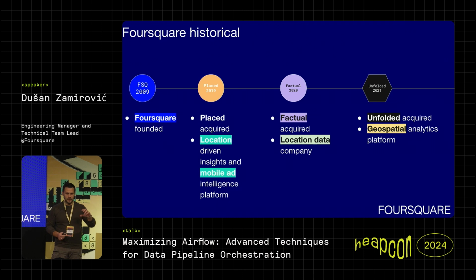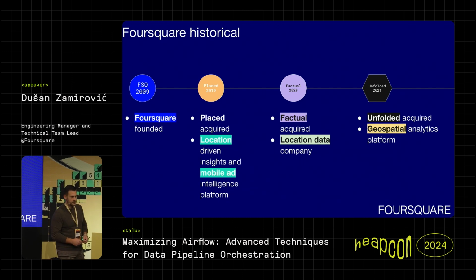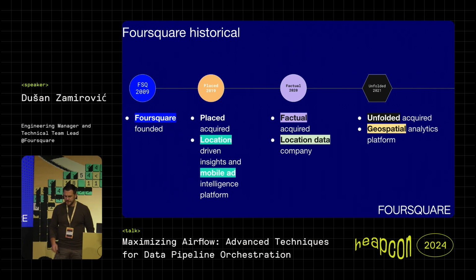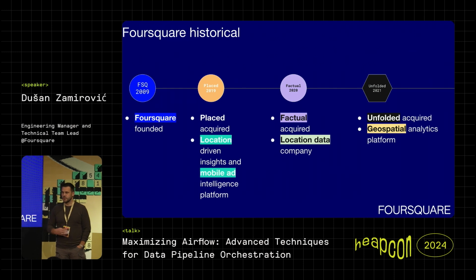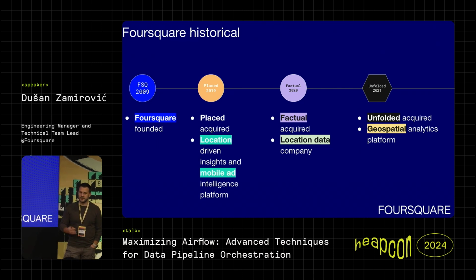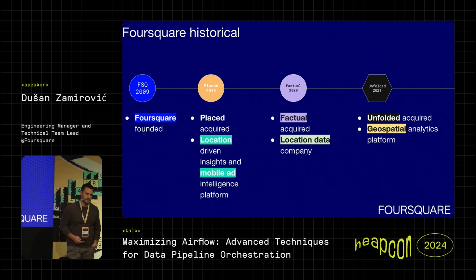You were getting some badges, and if you were there most of the time, you became the mayor of that location. After many years, Foursquare transformed into business to business, and now we are building a platform for processing geolocation data, which is movements of people and places and everything that can be built on top of that.